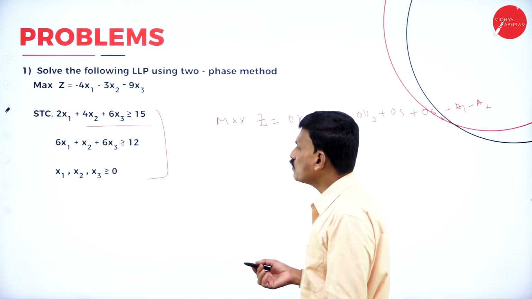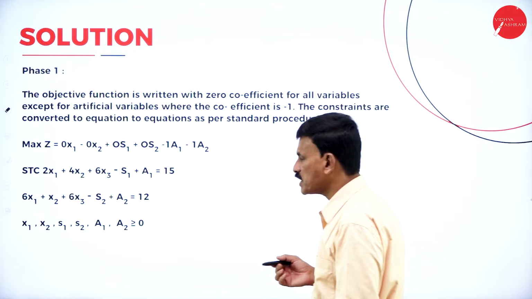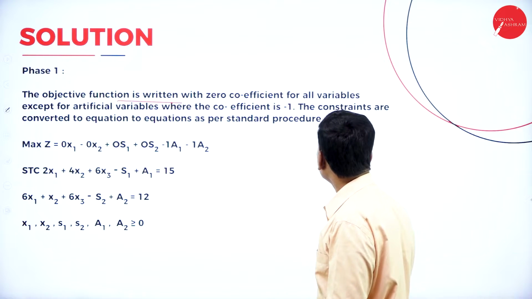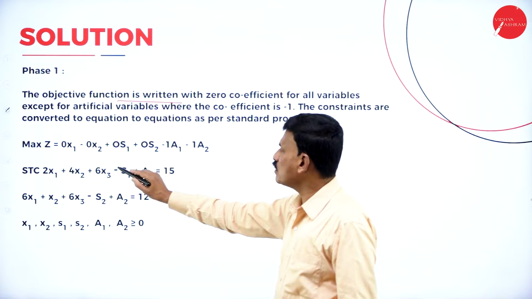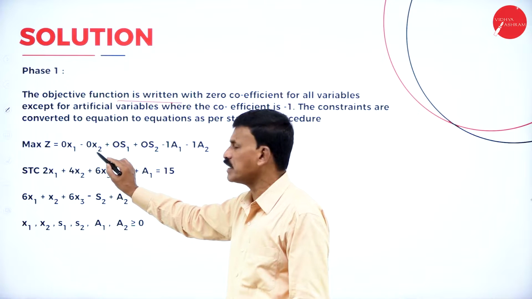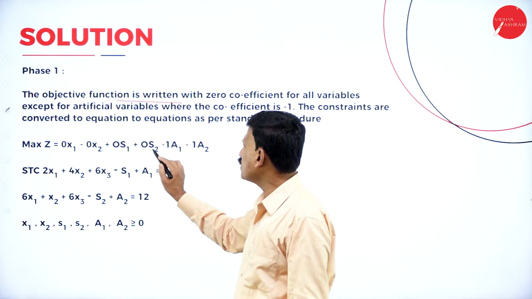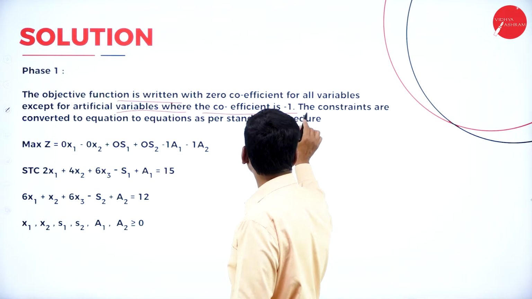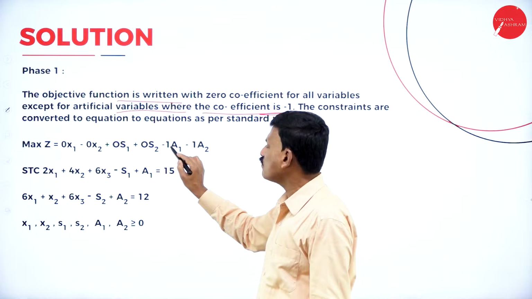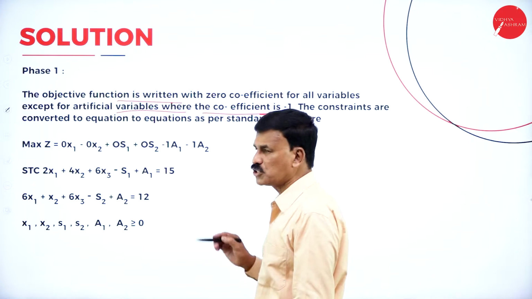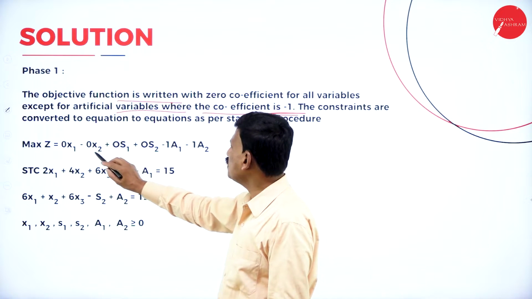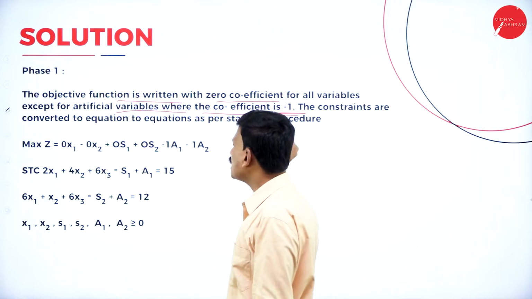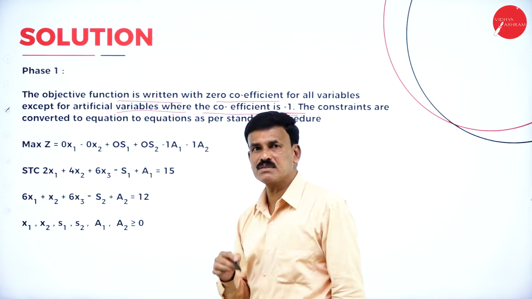Now, the modified objective function and the constraints can be written with 0 coefficient for all the variables except for the artificial variables, with coefficients of minus 1.